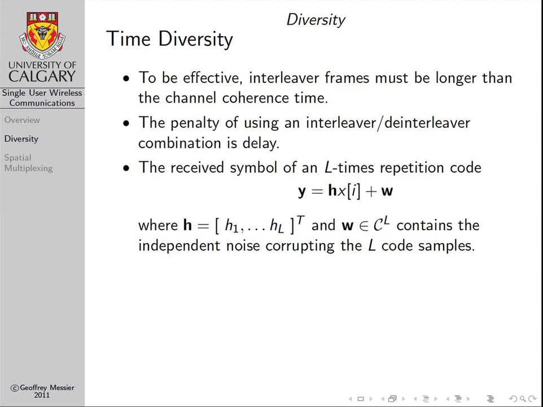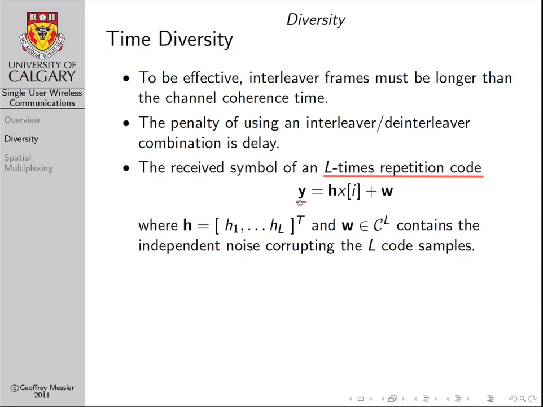So we can think of the multiple received copies of the transmitted signal as a vector, y. And so y carries the L copies of the transmitted information symbol. In this case, the copies of the L times repetition code, right? So we repeated our information symbol L times.